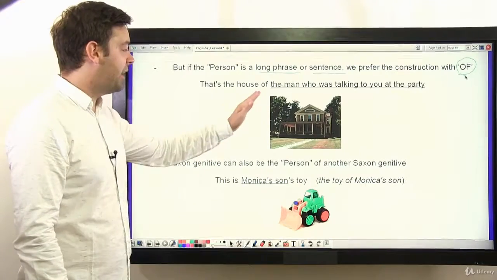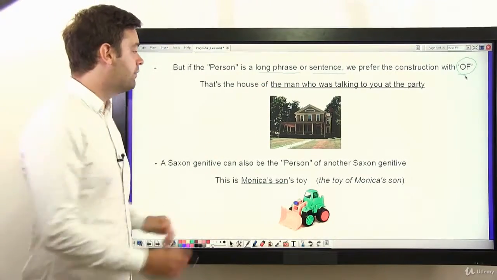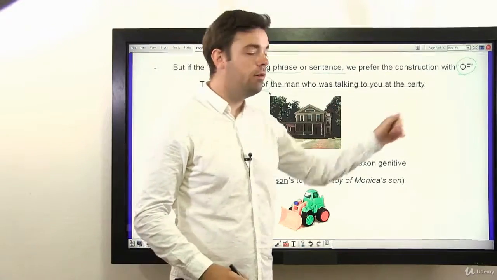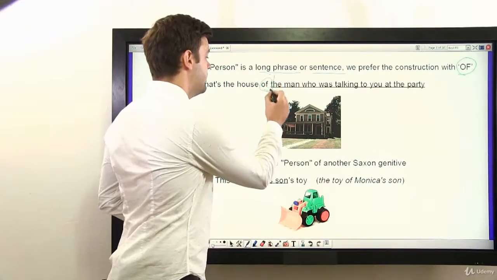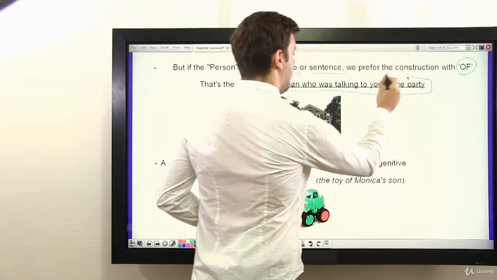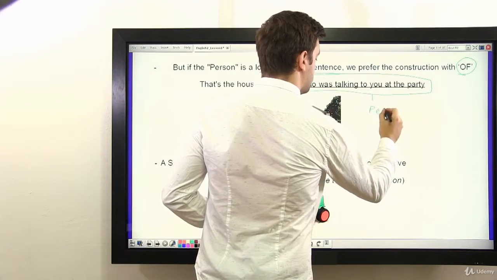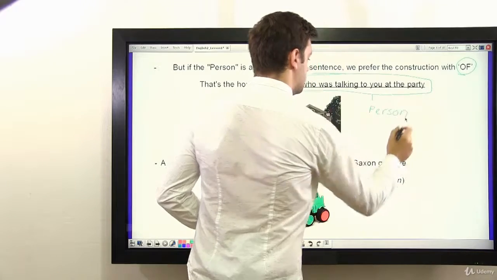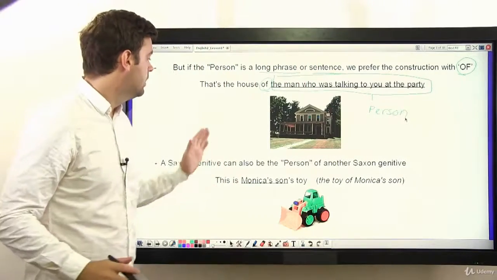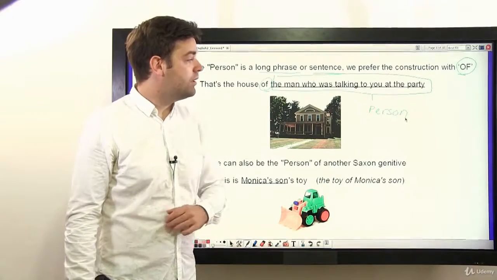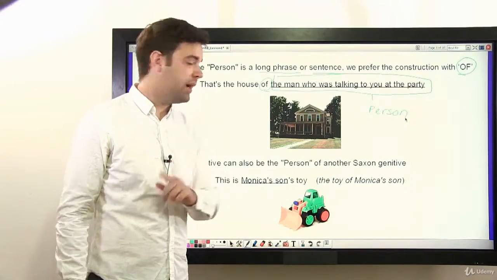So, for example here, that's the house of the man who was talking to you at the party. We're still referring to all this as the person. It's just very long. So that's the house of the man who was talking to you at the party. Still one person.